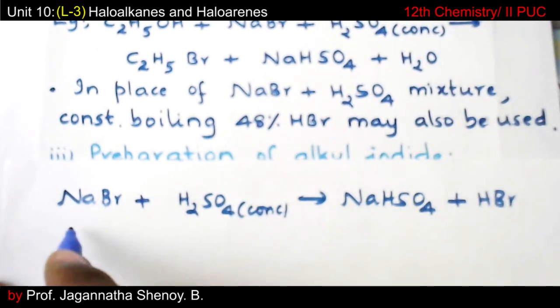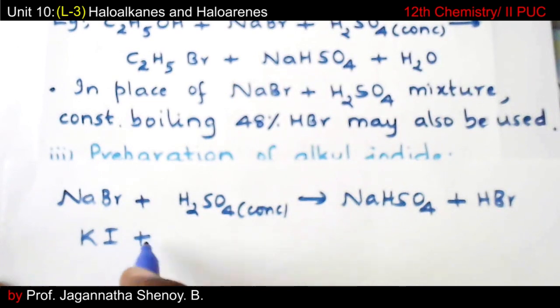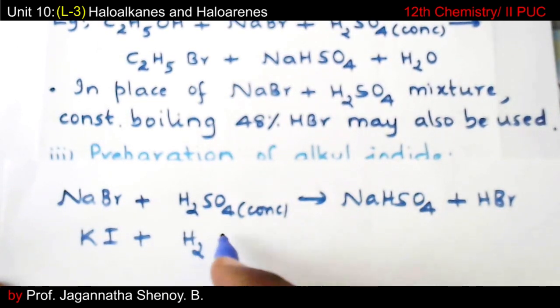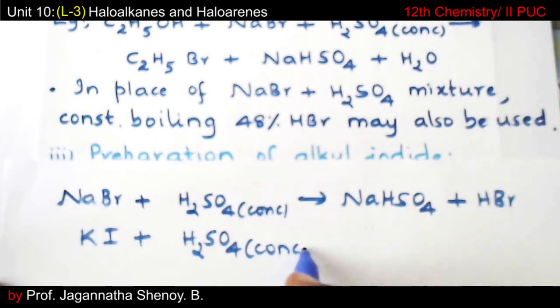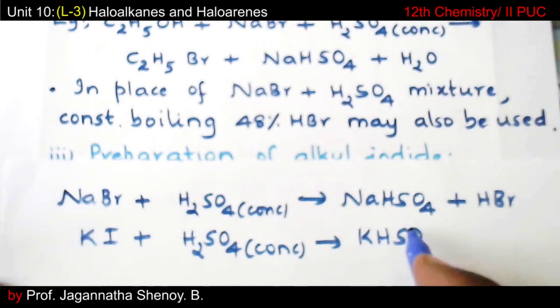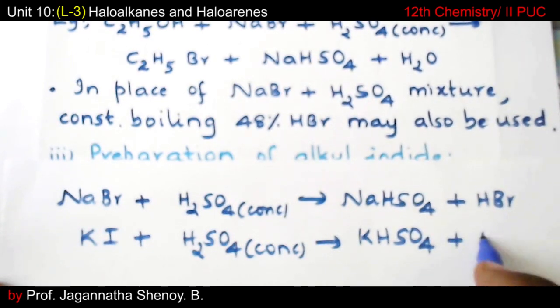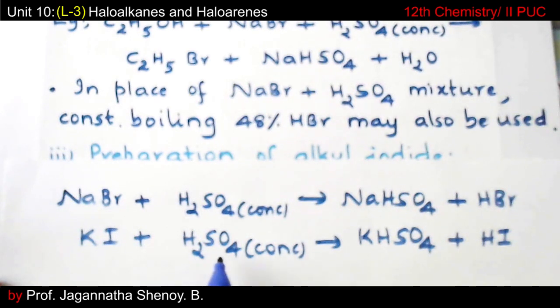But in the same way, suppose I start from potassium iodide and concentrated H2SO4, we get KHSO4 plus HI. Now, concentrated sulfuric acid is a non-volatile acid. That's why it displaces volatile acid HI from its salt KI.